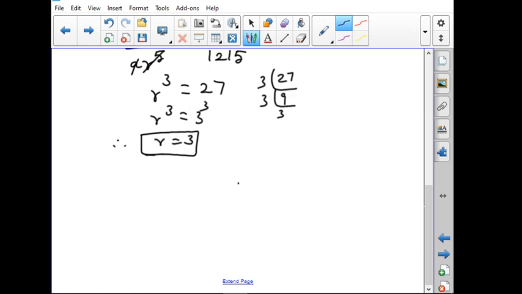Now we have to get A. Substitute r equal to 3 in equation 2. Equation 2 is A r power 5 equal to 1215.